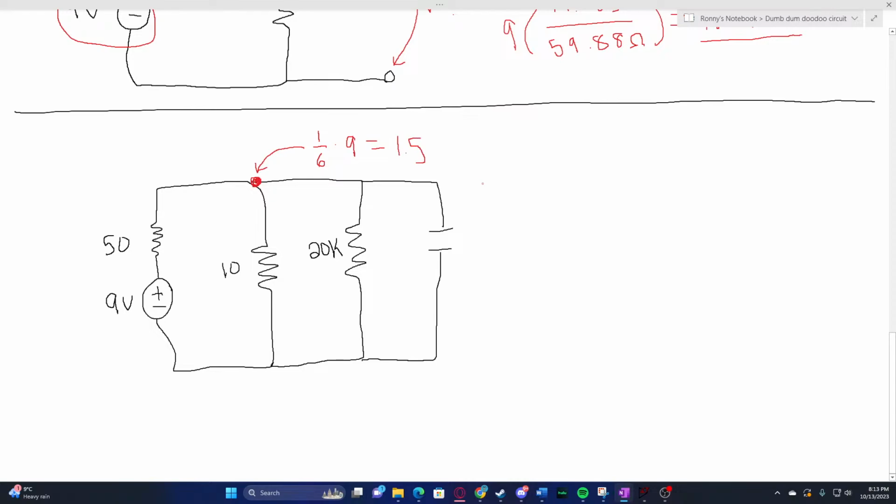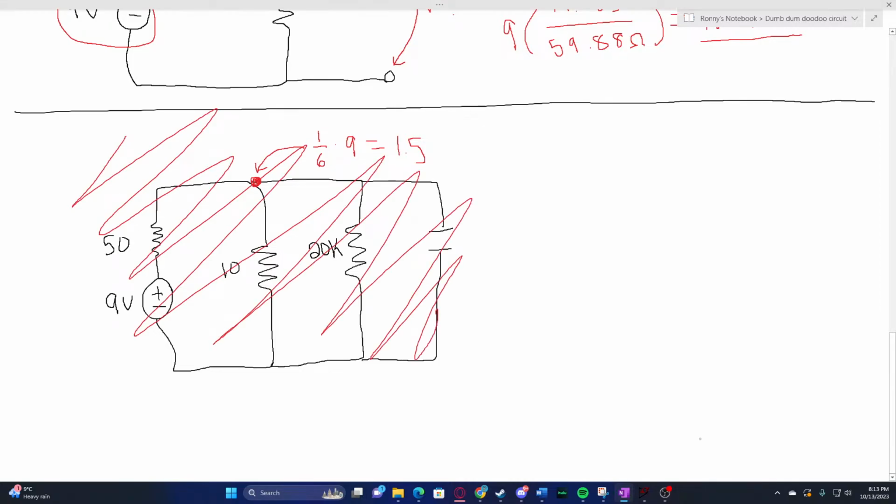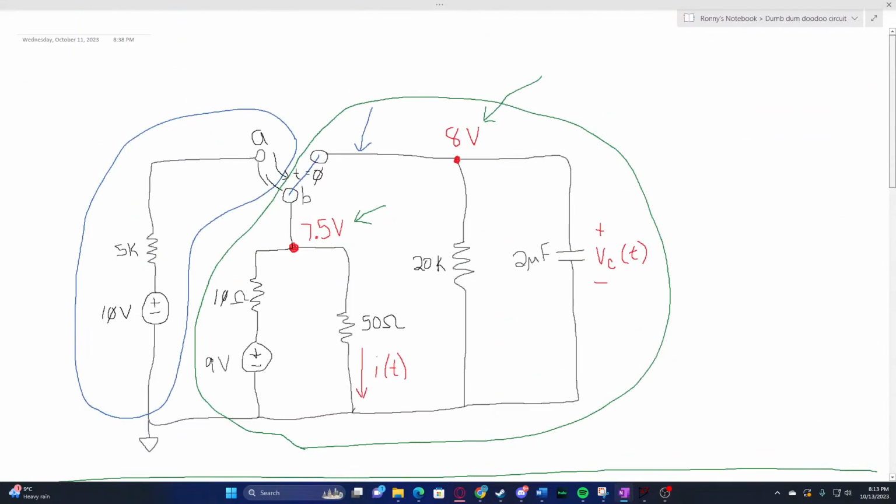Which isn't what we're looking for. Okay, let's scribble that out. What other possibilities were they thinking could have led us to 5 volts here?